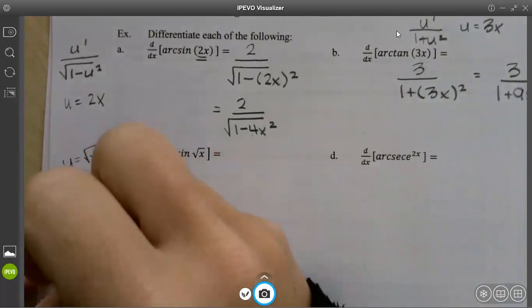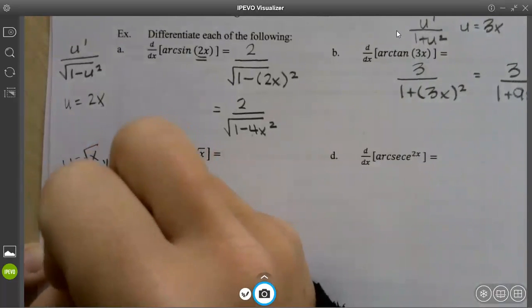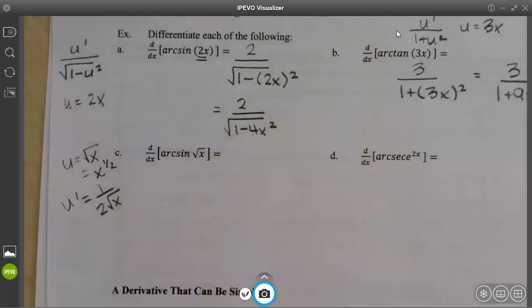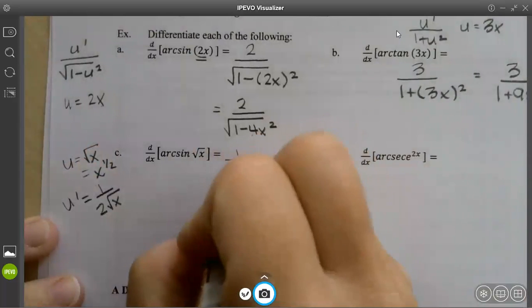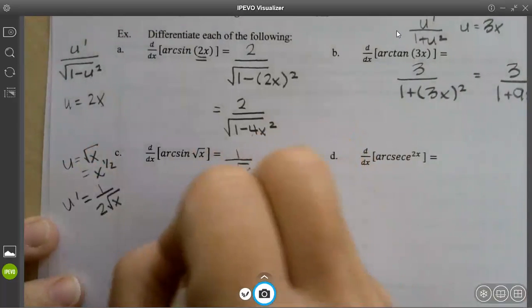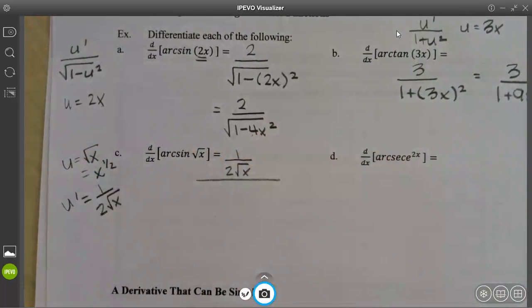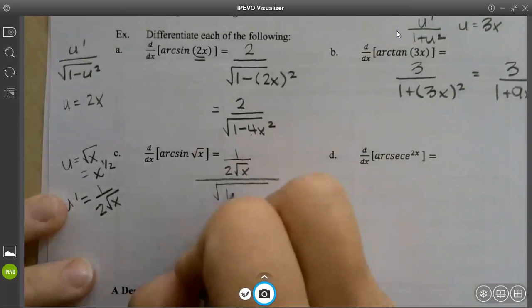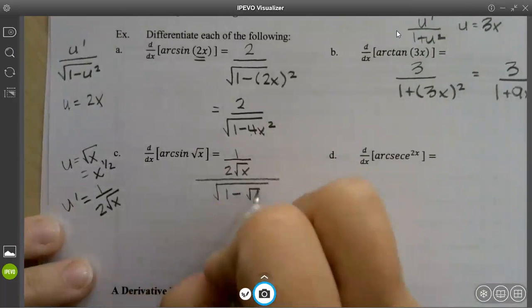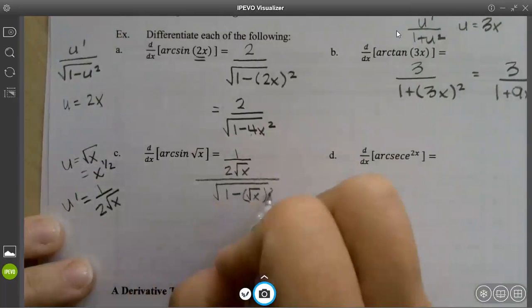Which changes into 1 over 2 square root of x. That goes on top. On the bottom, we have the square root of 1 minus u squared. The square root of 1 minus u was the square root of x squared.